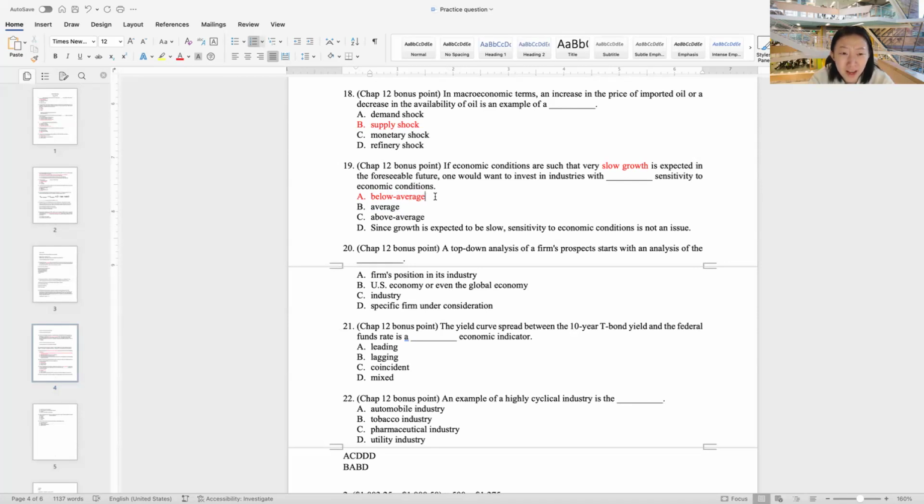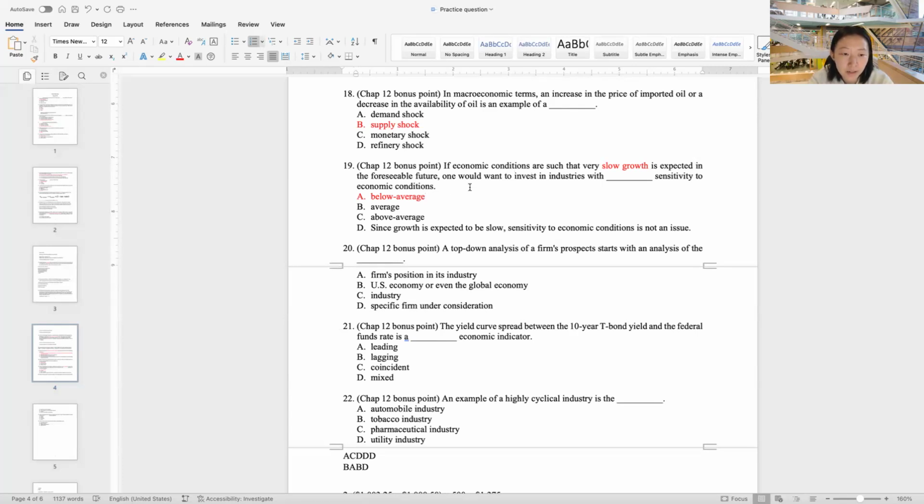People need to use electricity anyway, and there are always people who need medicine or are counting on the development of medicine. So those companies in the defensive sectors are not necessarily following the economic cycle.